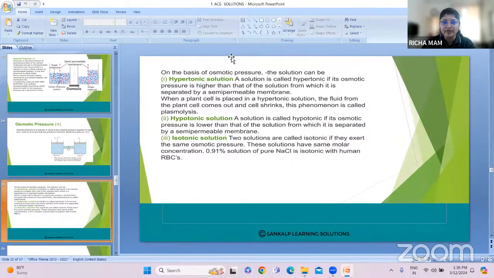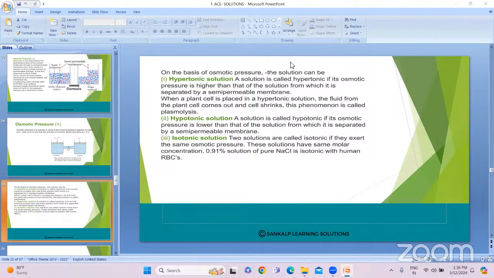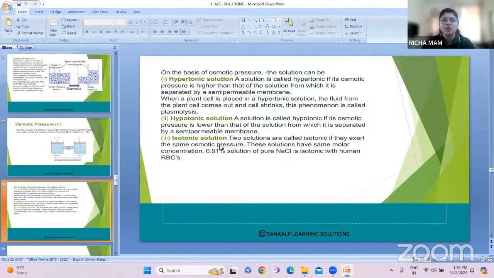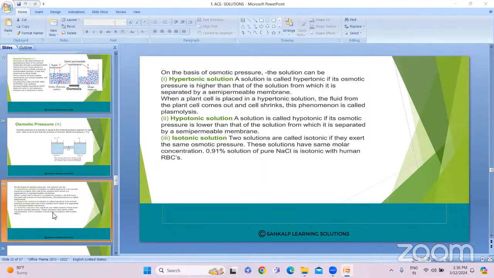Can anyone tell me what are isotonic solutions? Others can also try. Okay, Pavitra has to answer. Two solutions are isotonic if they exert the same osmotic pressure; these solutions have the same molar concentration.